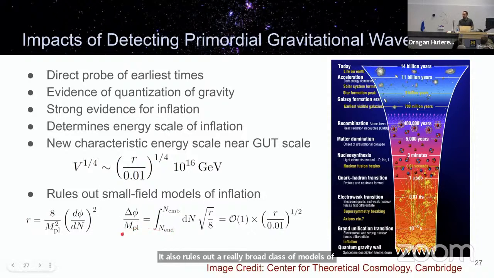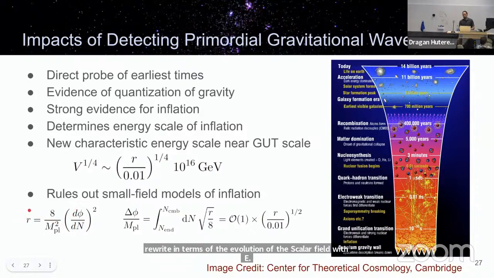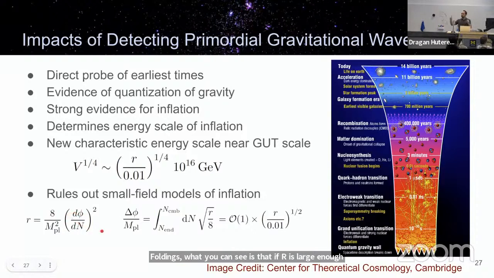This is related to something called the Lyth bound, which is written down here. As I mentioned, r is proportional to epsilon, the slow roll parameter, which you can rewrite in terms of the evolution of the scalar field with e-foldings. And what you can see is that if r is large enough to be observable, that means that the scalar field had to traverse a long distance in field space.